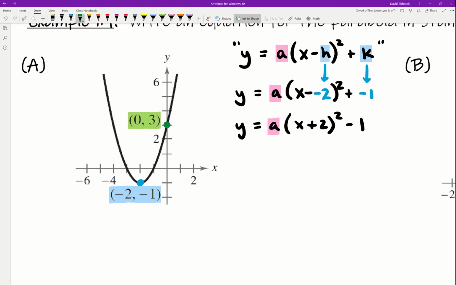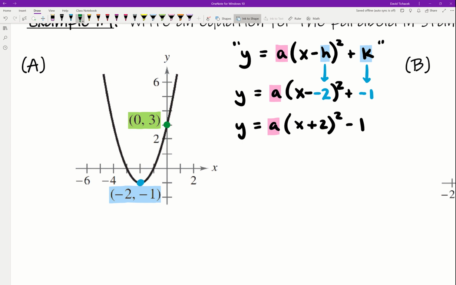Now, here's the thing about these coordinate points: they always represent the input x as the x coordinate and the output y as the y coordinate. So when you're looking at something like -2, -1, or 0, 3, that means we plugged a -2 into this machine and got out a -1. And it also means that we plugged in a 0 into this machine and we got out a +3.